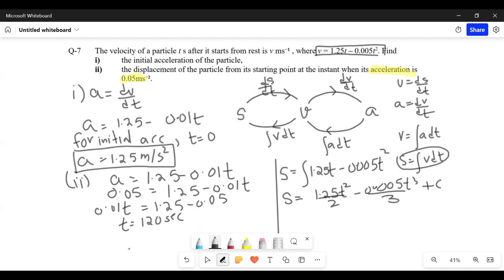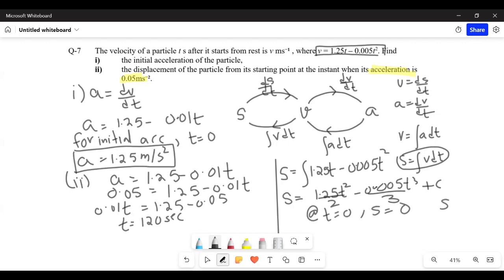सो अब सी फाइंड करना है। सो उसके लिए मुझे एक t की वैल्यू चाहिए और एस की वैल्यू चाहिए। तो आई नो दैट एट द स्टार्ट ऑफ द experiment t is 0 and so is the displacement. So t is equals to 0, s is equals to 0.